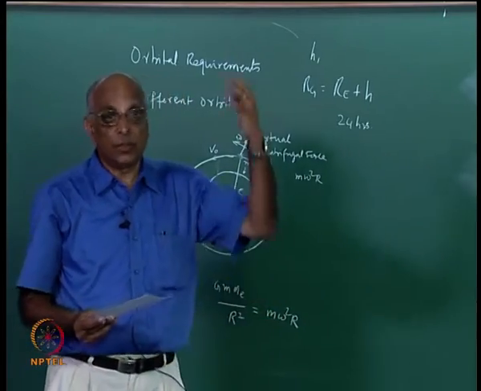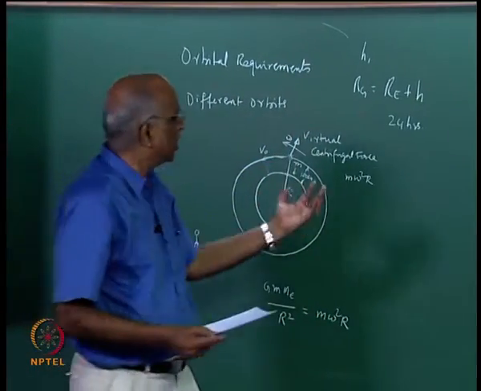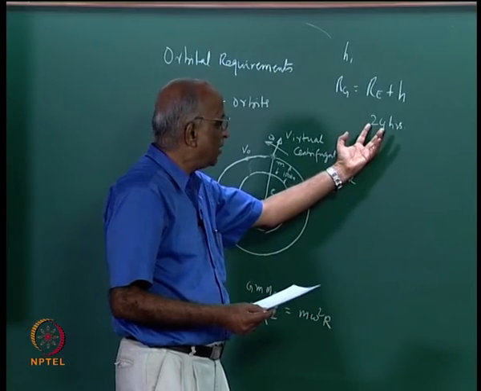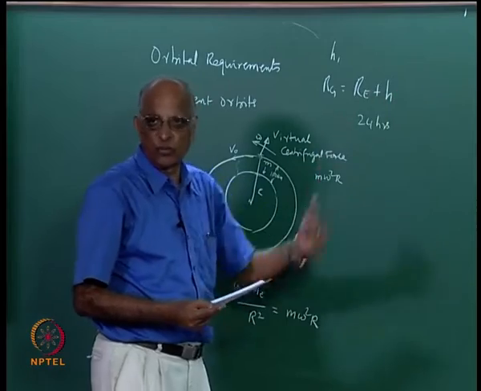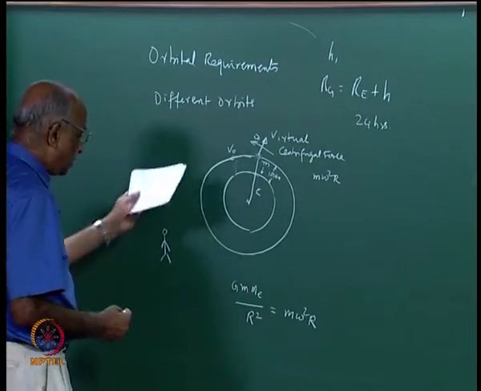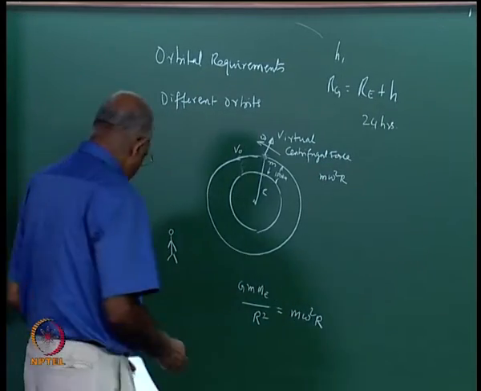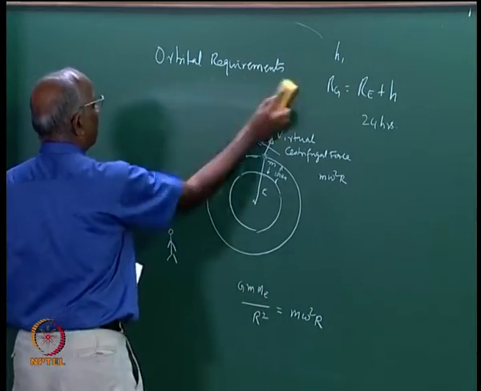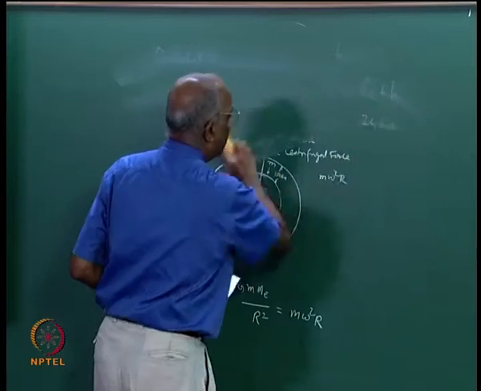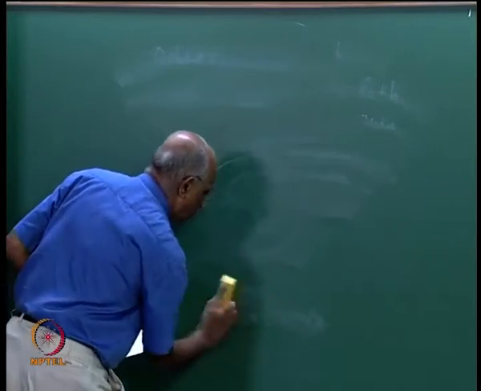Maybe for a person who works on a mission, he must take into consideration the sidereal day of 23 hours, 56 minutes and 4.1 seconds. Therefore, let us try to put this together. We want to find out the height of the geosynchronous orbit or geostationary orbit.